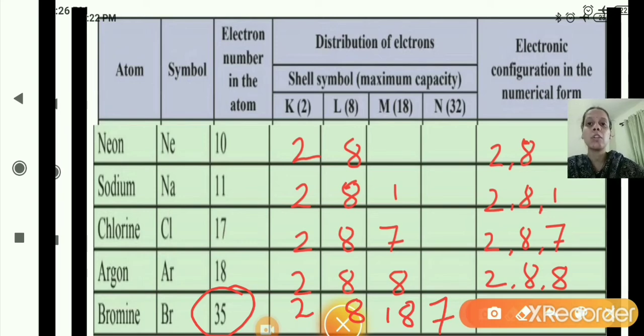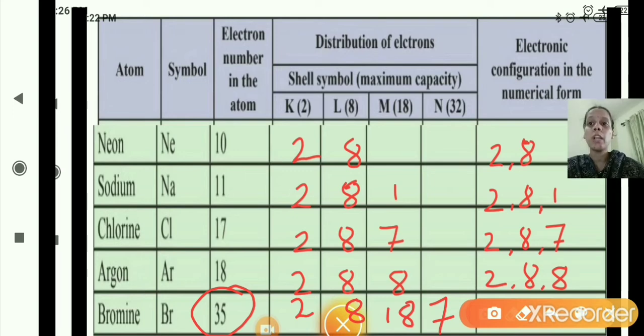So this is the electronic configuration for bromine atom. 2 in K shell, 8 in L shell, 18 in M shell and 7 in N shell. If we add this, 2 plus 8, 10, plus 18, that is 28, 28 plus 7, that is 35. So the total number of electrons in the bromine atom is 35.